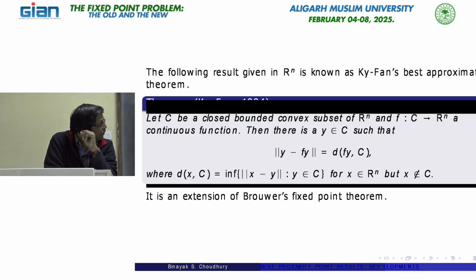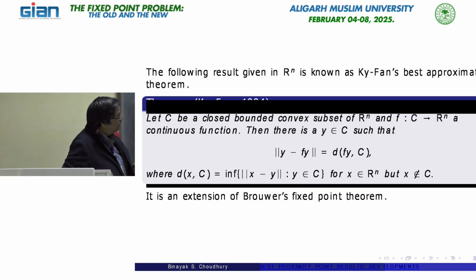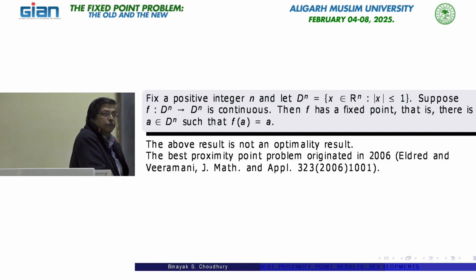It is that Ky Fan's result is not an optimality result, which is the case with the proximity point. And it was not Kirk, it was Eldred and Veeramani in 2006, in the Journal of Mathematical Analysis and Applications, who made the first appearance of the best proximity point of an operator.